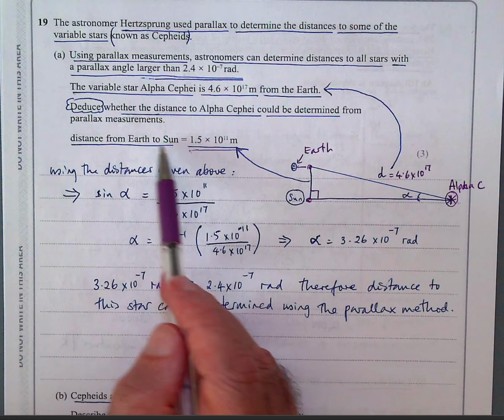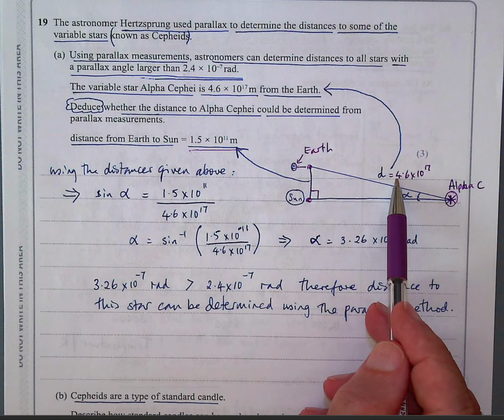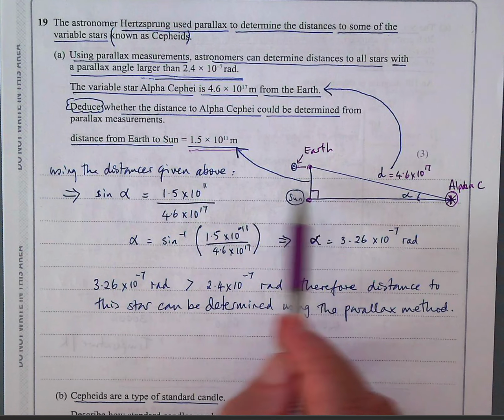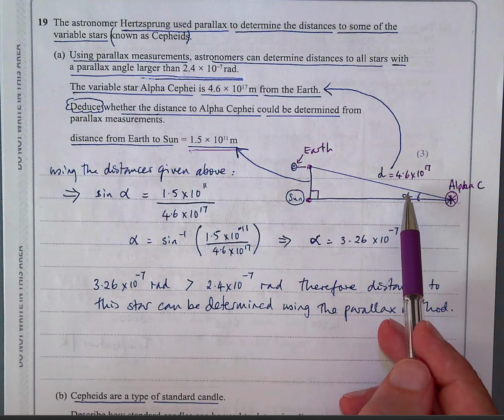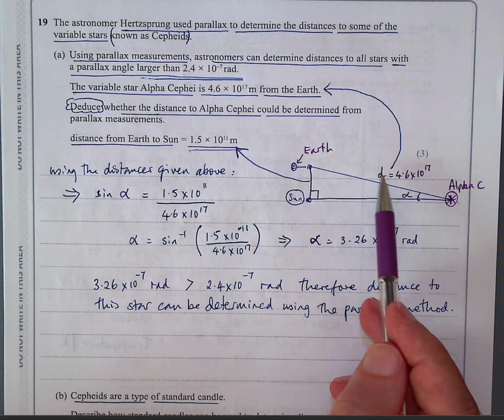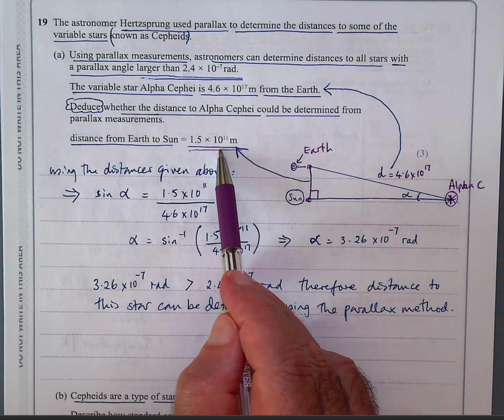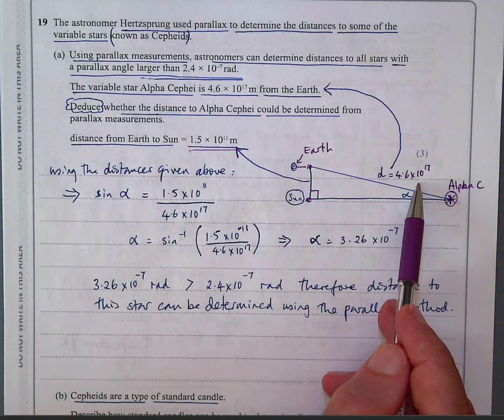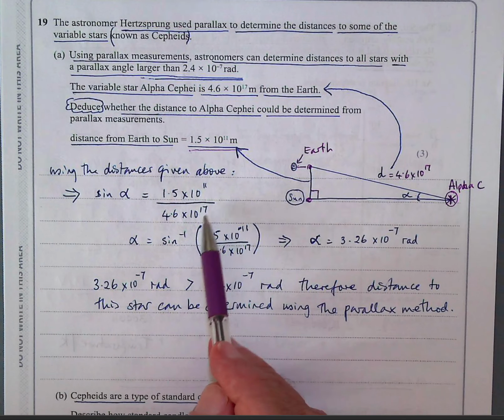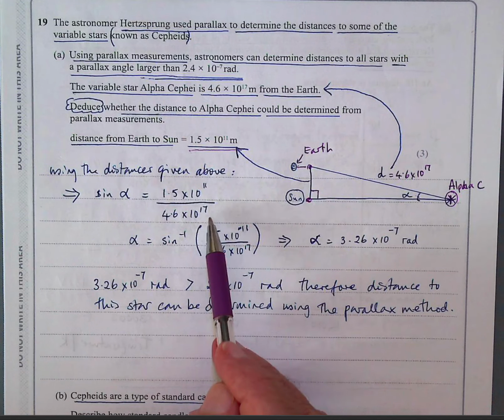The distance from the Earth to the Sun is known, so we know the distance on this side and this side. You can use just your knowledge of trigonometry: opposite over hypotenuse is sine. So sine of alpha is the opposite, which is this value, divided by the distance to the star, 4.6 times 10 to the 17.